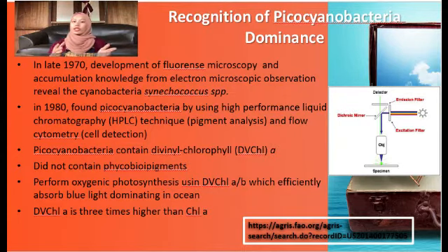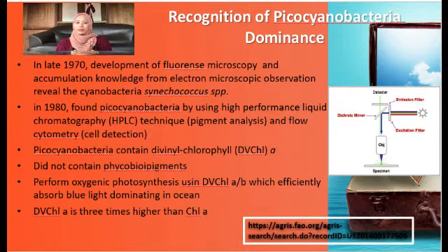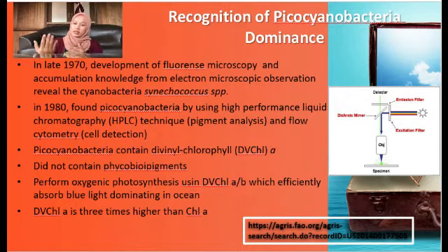Each cell contains divinyl chlorophyll, slightly different from chlorophyll A, and does not contain phycobilin pigment. These cells are around 0.5 to 0.6 micrometer in diameter and 0.5 to 0.8 in length. They perform oxygenic photosynthesis using divinyl chlorophyll A or B, absorbing the blue light that dominates in our ocean. In several regions, the amount of divinyl chlorophyll A is much higher than chlorophyll A.